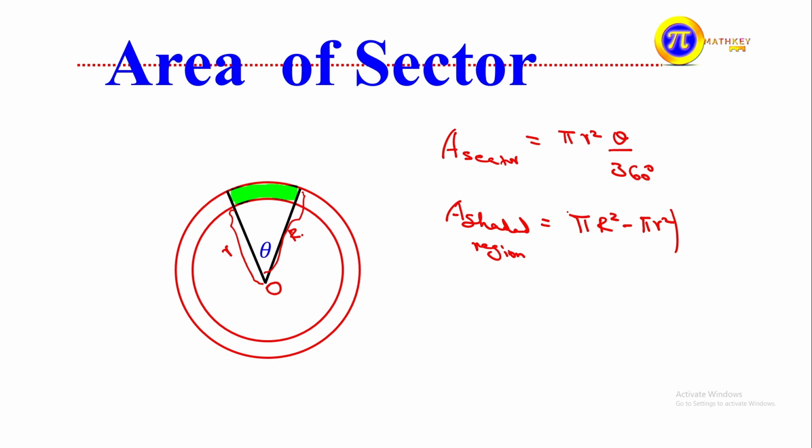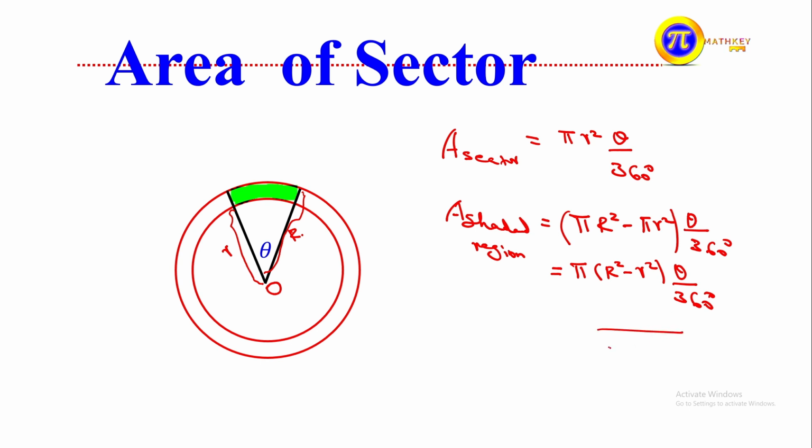This is the circle, but since it is some part of the circle in a sector, it is times theta divided by 360 degrees. What is common now? We have common pi and theta. So this becomes pi times capital R squared minus smaller r squared, times theta over 360 degrees. This is the area of the shaded region.